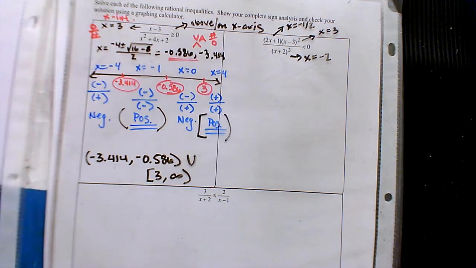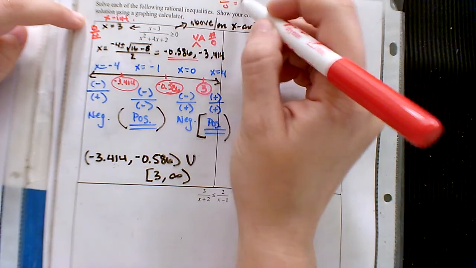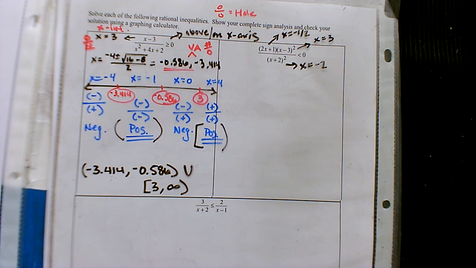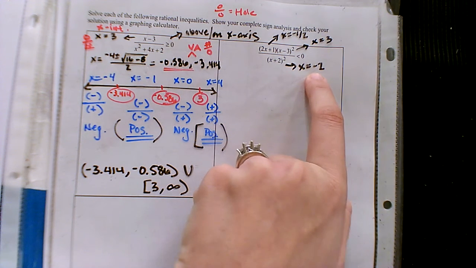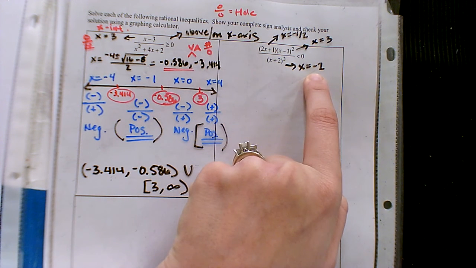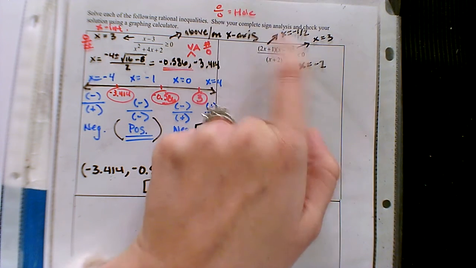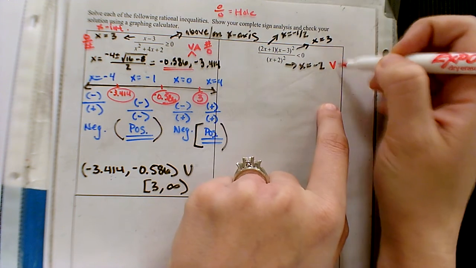Number over 0, vertical asymptote. 0 over 0 was a hole. I'm going to start with this negative 2. Negative 2 was a number that made the bottom 0, but not the top. Yeah, that's a vertical asymptote.